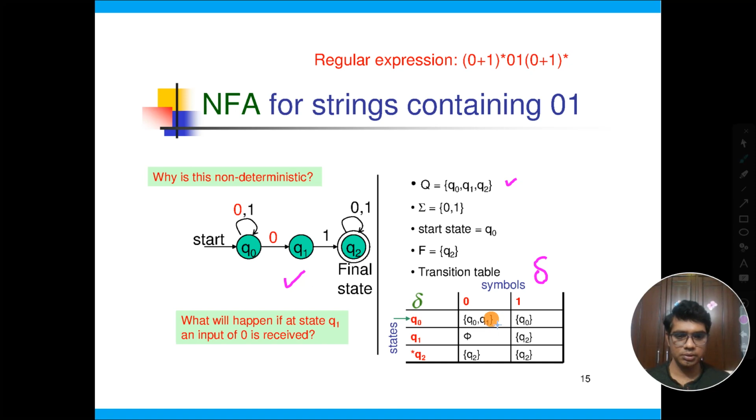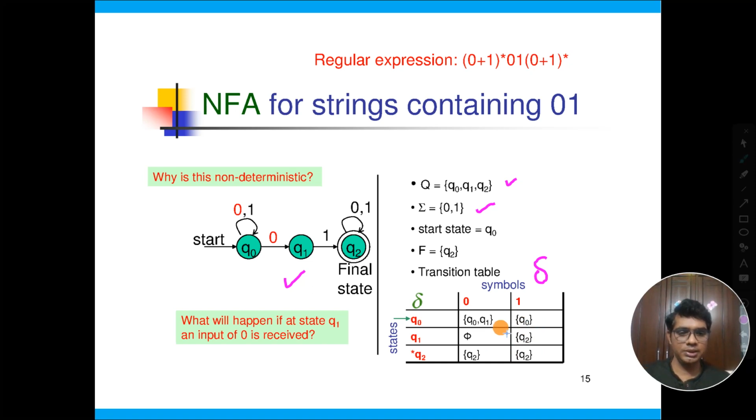Okay, right. So how do you write this transition table? This transition table contains a set of rows and columns. The rows represent the states, and the columns represent the input symbols. As we have only two input symbols, there are two columns, and there are three states, so there will be three rows. There are 6 entries, and we need to compute what the entries are.